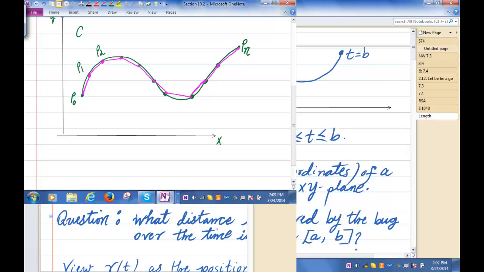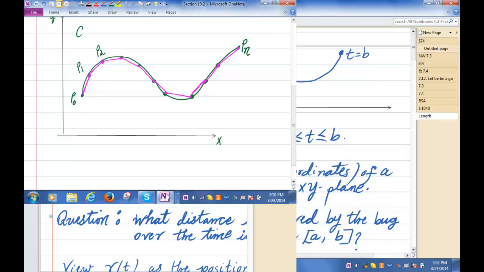So what we are doing is that each arc between 2 consecutive points is approximated by the line segment between the 2 points. Okay. So the arc between P1 and P2 is approximated by the line segment between P1 and P2, the pink line segment.